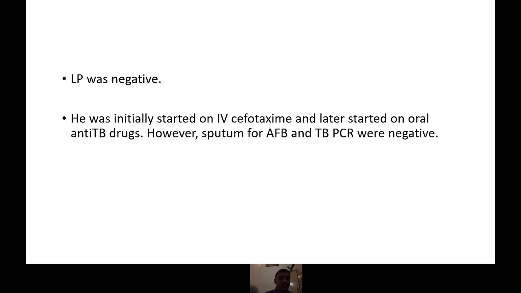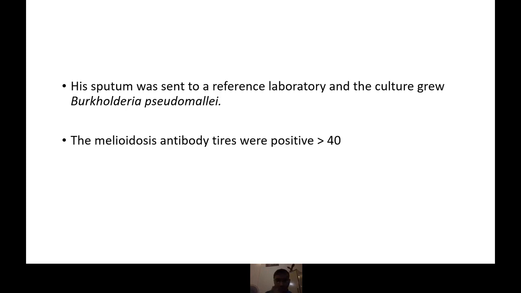Okay, hopefully, yes. So then his sputum was sent to a reference lab. The reference lab is actually the Faculty of Medicine Colombo lab. As far as I know, that is the only place where this test can be done. So the culture actually grew Burkholderia pseudomallei, and the melioidosis antibody titers were also positive.